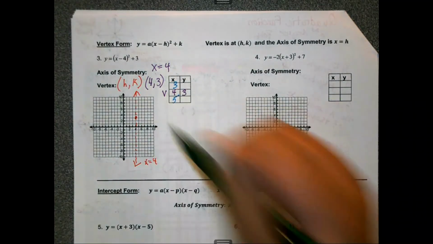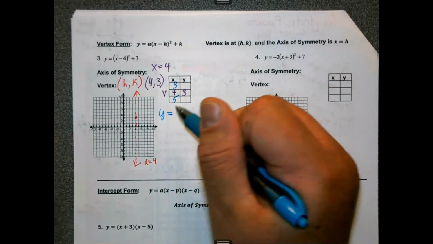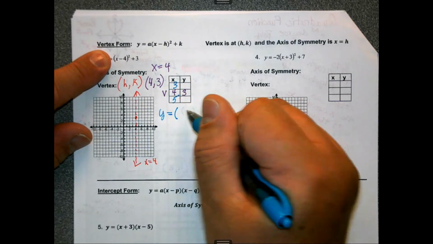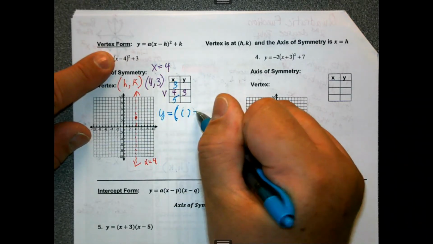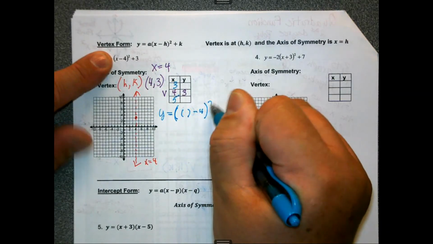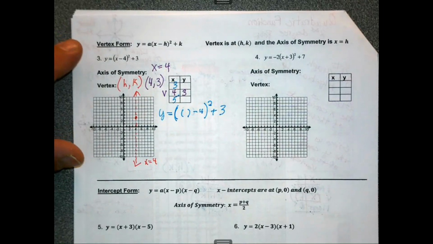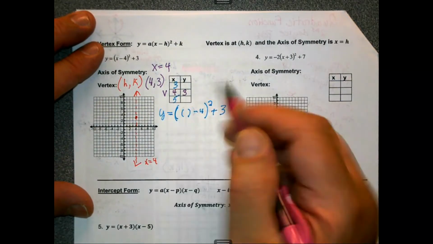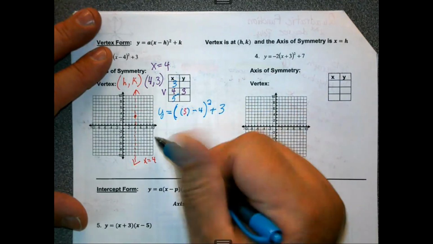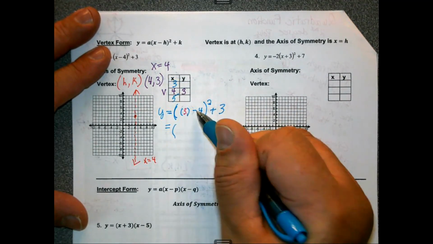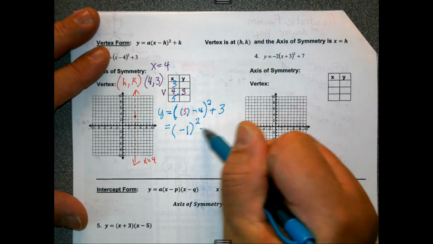So let's see, I get y equals parenthesis, I'm going to put a number in for x, minus 4, parentheses squared, plus 3. And I said I was going to use a 3, so I'm going to use a 3. So I get 3 minus 4 is negative 1 squared plus 3.